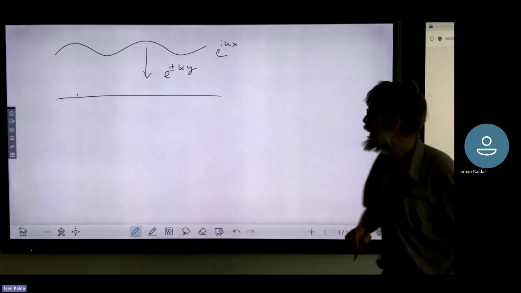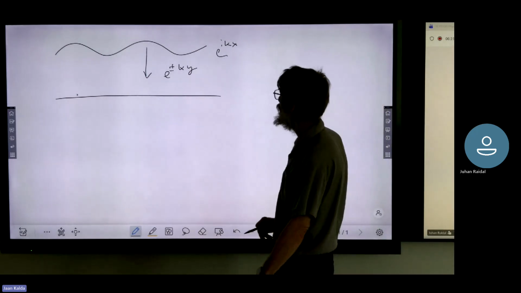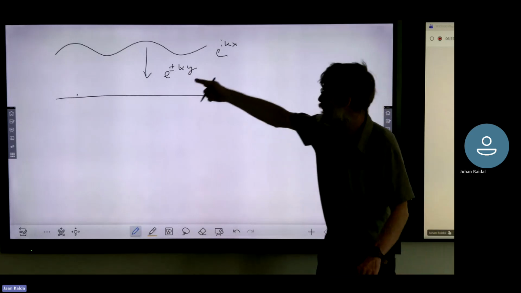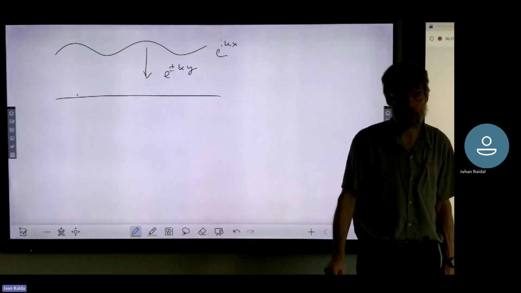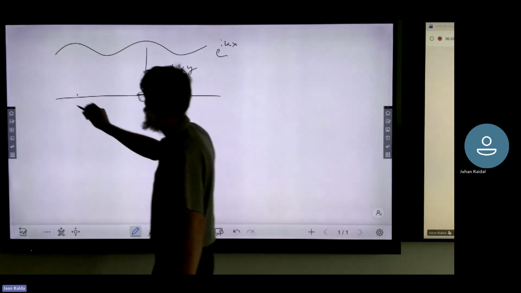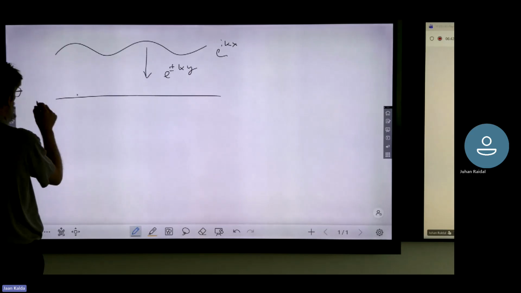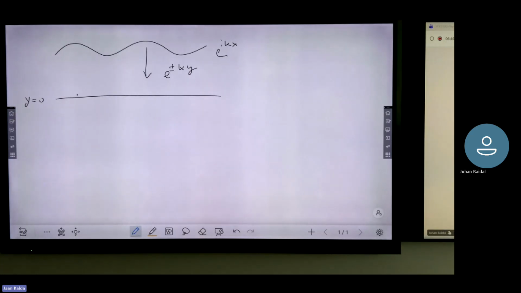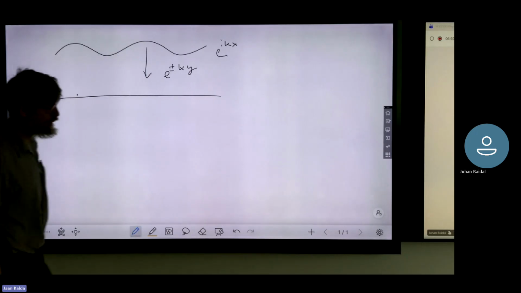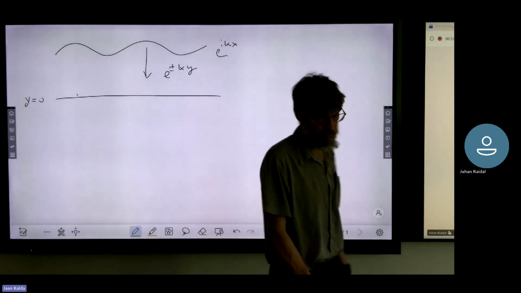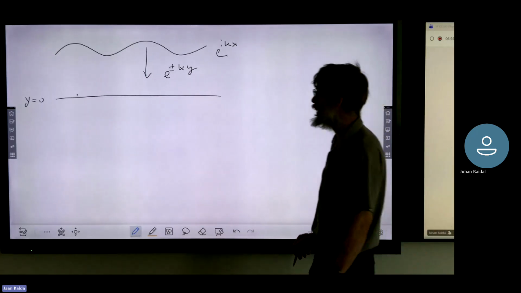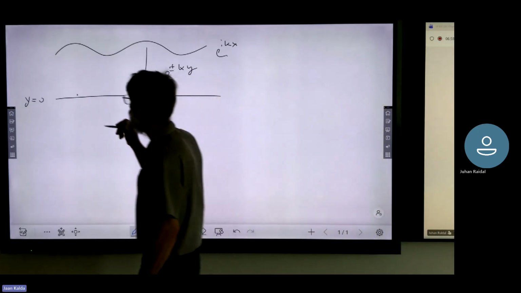Instead of that, you need to combine two contributions, both with plus and with minus, so that the displacement at this line here, let's say y equal to 0, the bottom, must be zero. So the expression you will have is the hyperbolic sinus.